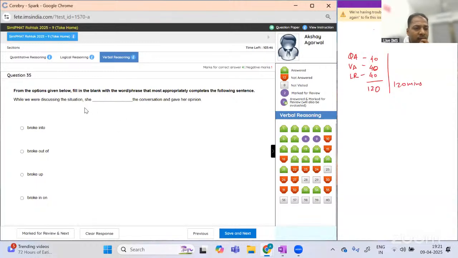While we were discussing the situation, so most appropriate phrase. She broke into the conversation or she broke in on the conversation?